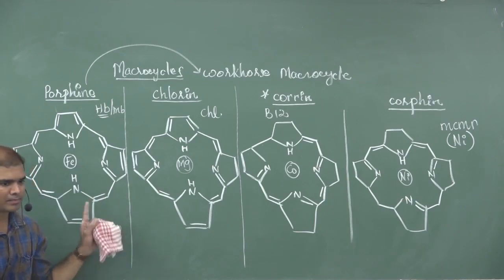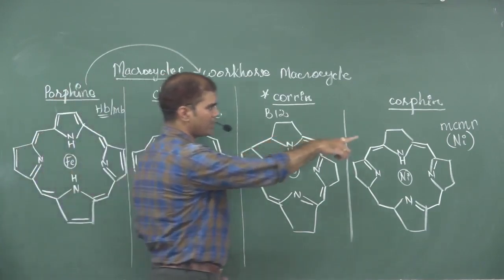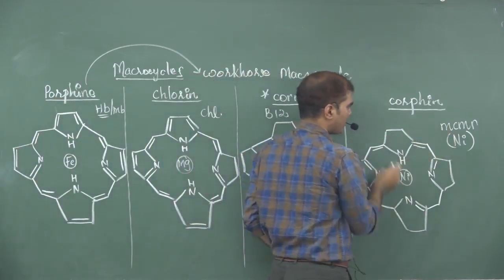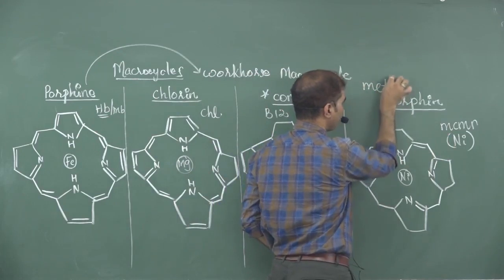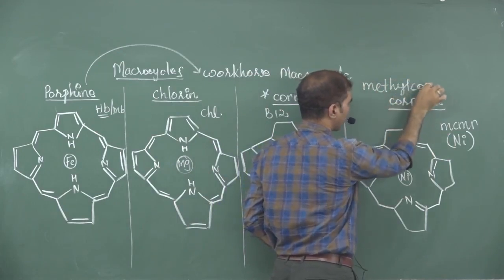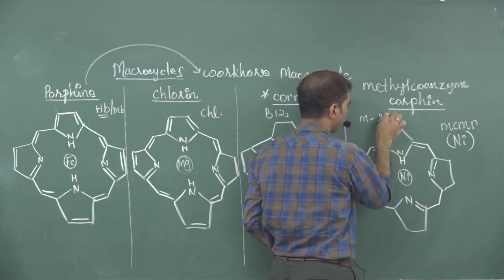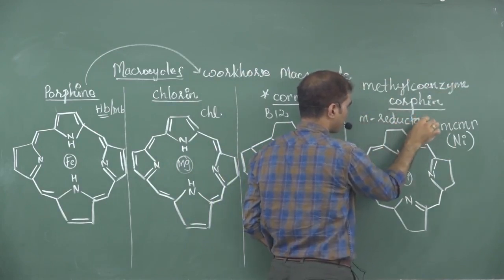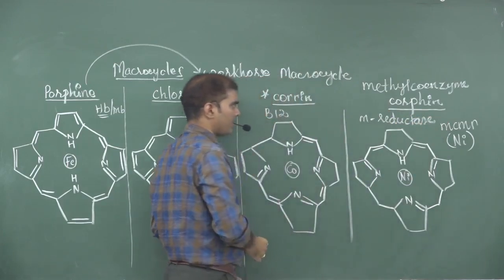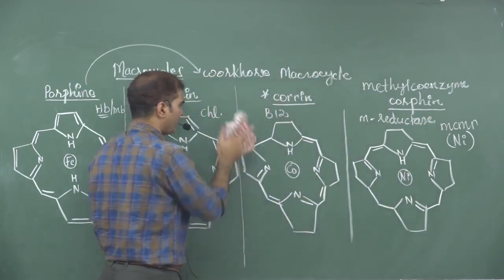Finished? Okay, the last one you write as MCMR. MCMR means methyl coenzyme M reductase, where you find nickel at the active site.